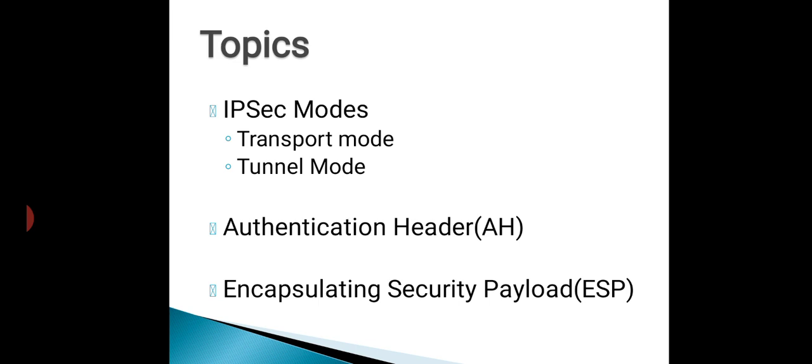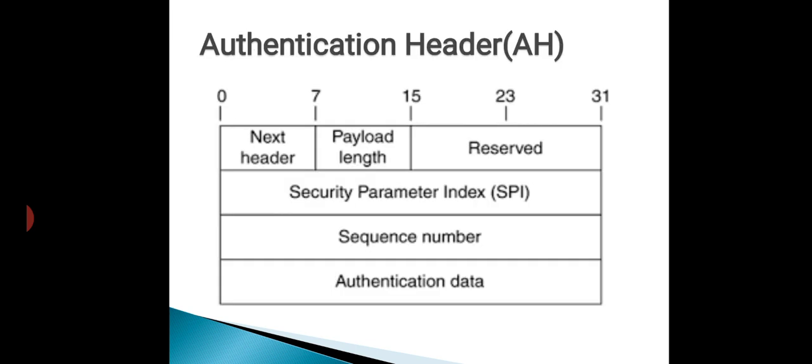Now the next topic is authentication header. This is the IP security authentication header format, 0 to 31, that is a 32-bit format. Authentication header provides support for data integrity and authentication of IP packets.